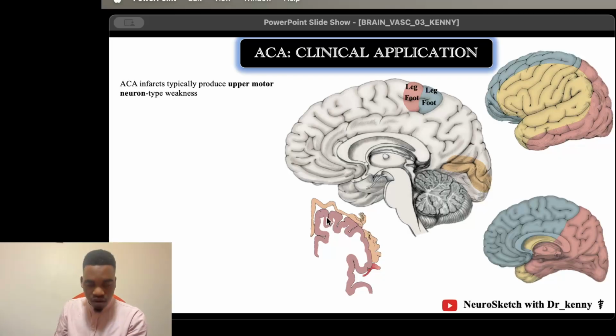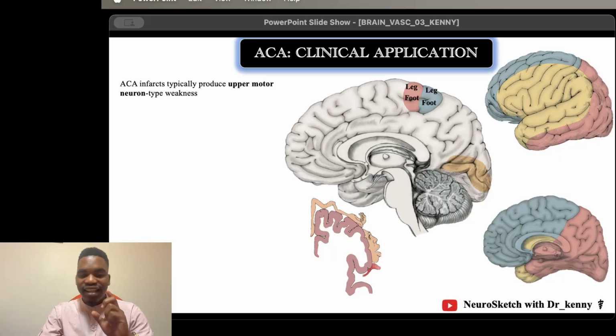Remember the strip. This strip covers only the lower limb. So from the trunk all the way to the upper part of the body will not be supplied by the anterior cerebral artery. At least on the somatosensory and motor homunculus, it does not receive supply from the anterior cerebral artery.